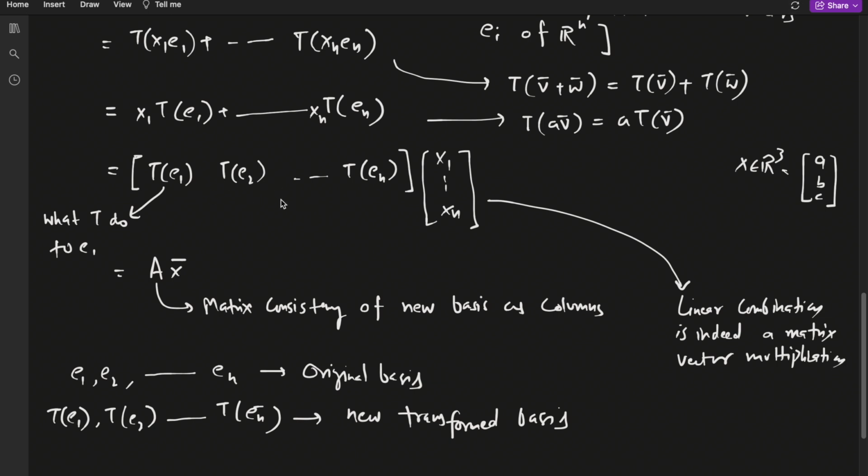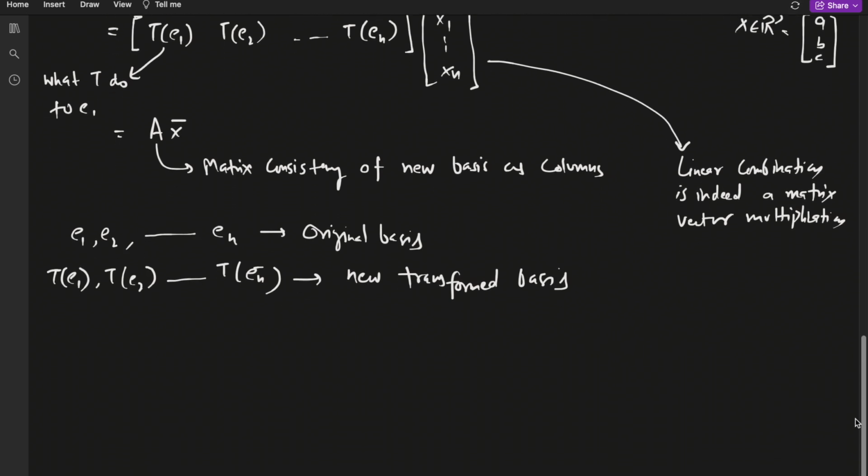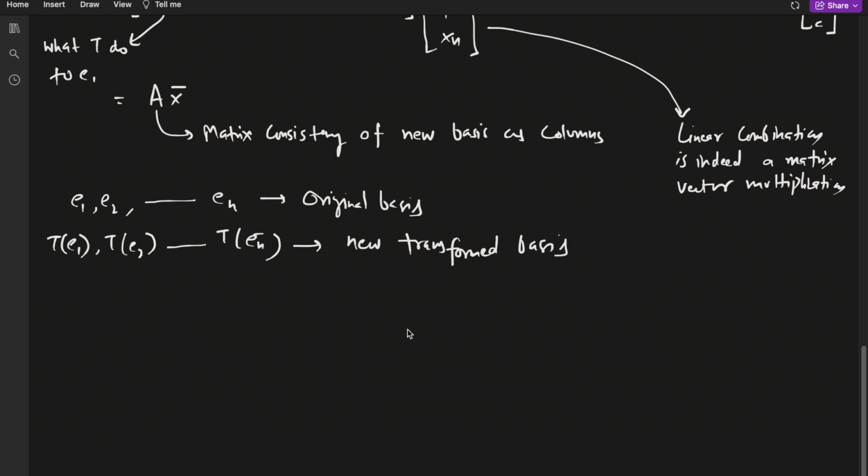Because A is a matrix and this is a vector, so this AX, what is it? It is matrix vector multiplication, and this AX is equal to this thing, right? And this is the linear combination. So linear combination is indeed a matrix vector multiplication. All right, so I think it's clear to you.